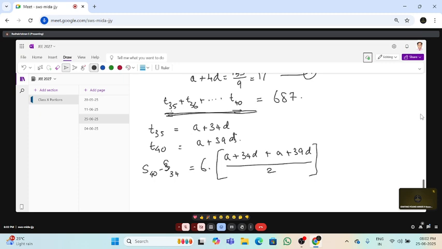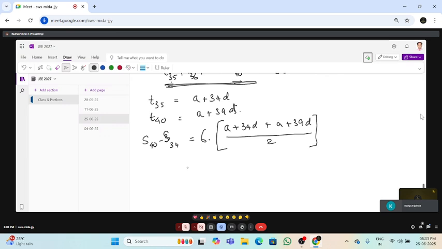So sum of terms from 35 to 40 will be 35th term plus 40th term whole divided by 2. That is average into 6 terms are there. So multiply by 6. So let us simplify this. 6 by 2 into 2A plus 73D. Yeah, 34 plus 39 is 73.